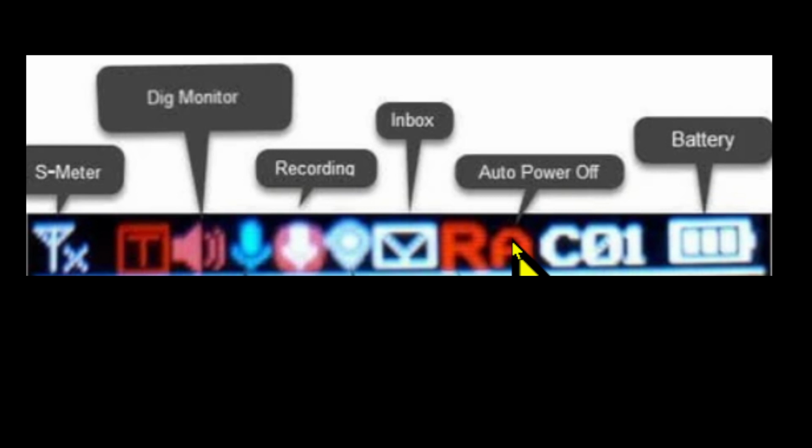You know, it's warning you it's going dead. But by having that on, you can set it to go off in an hour or 30 minutes. I think it's 30. If you set it for an hour, it'd be an hour of inactivity.